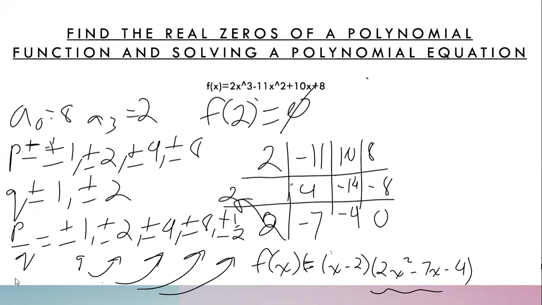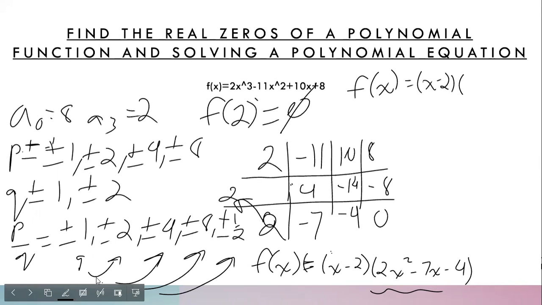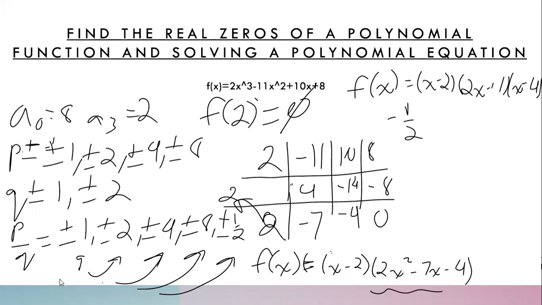This would factor out to x minus 2 times 2x plus 1 times x minus 4. So knowing this, we can get our real zeros of negative 1 over 2, 2, and 4 for this equation.